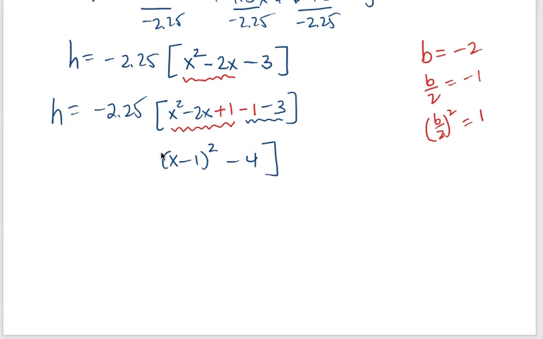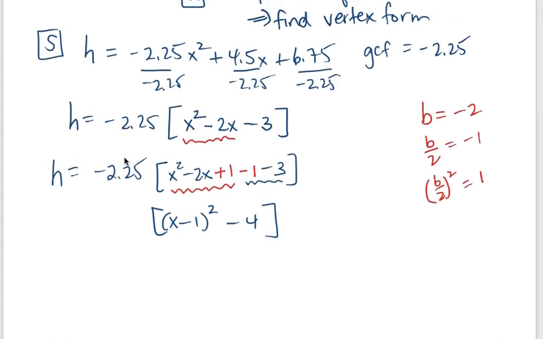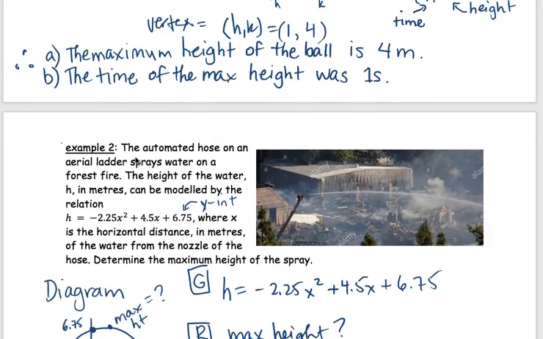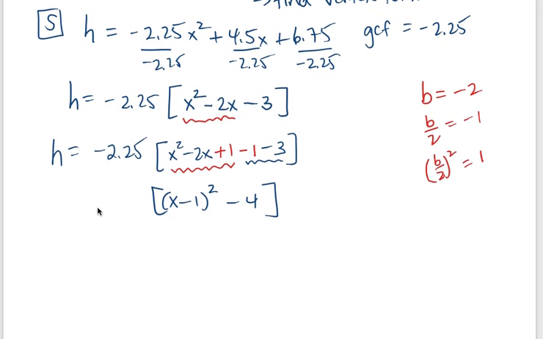This ends up looking just like the previous one. Okay, but anyway, it's a different a value, I guess. All right, so from there, we're almost there. Now we're going to multiply this a value in, okay, because we don't want two sets of brackets if we want the vertex form.